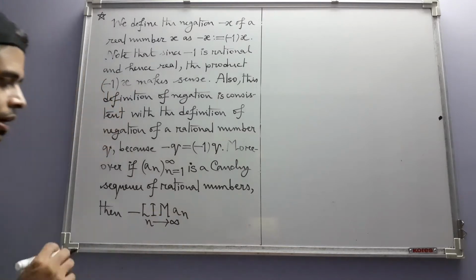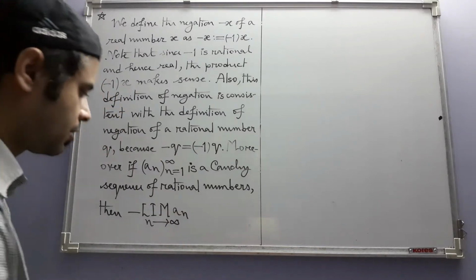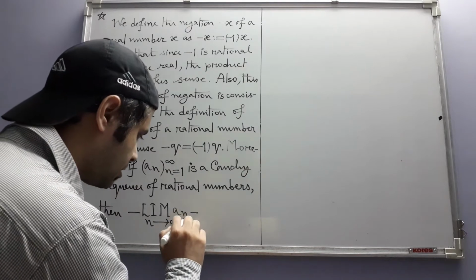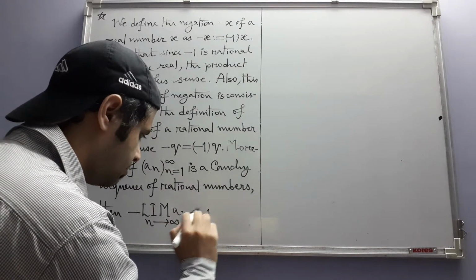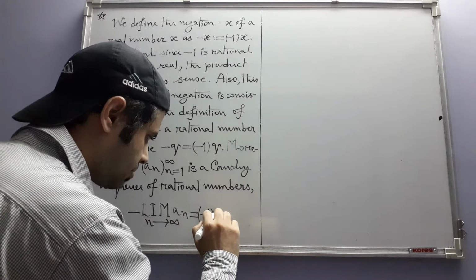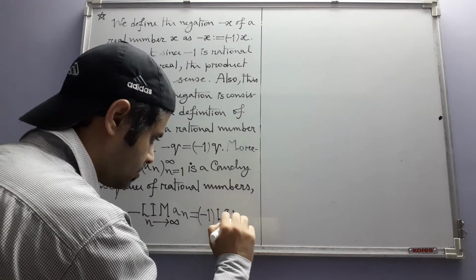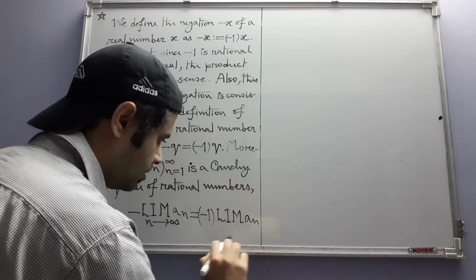So if we want to find the negation of that formal limit, then by our definition this will be equal to minus 1 times the formal limit of the sequence an.